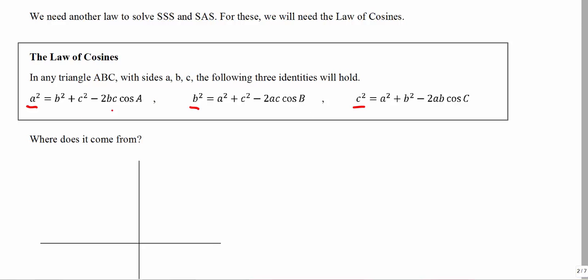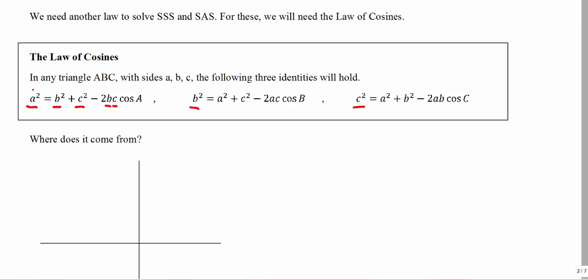So we have a squared, b squared, c squared. And then what comes after is the other 2 sides being squared, added together, minus 2 times the 2 sides, b and c, multiplied together, and then cosine of angle A.